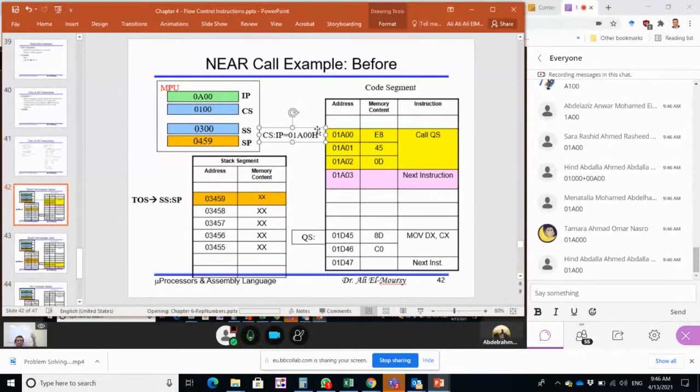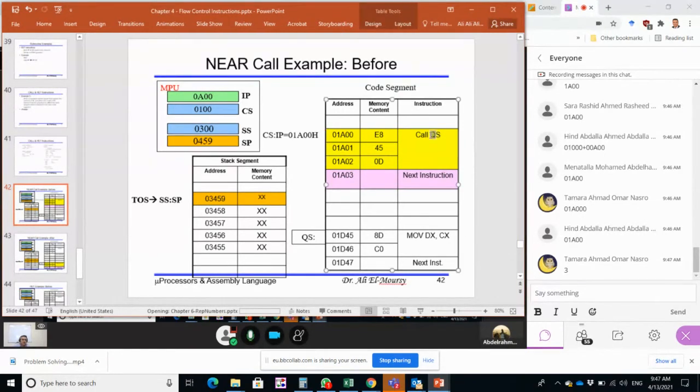The microprocessor will fetch, decode, execute. It will go fetch the instruction. How many bytes is the call instruction here, as it is shown in the example? It is 3 bytes, as I highlighted with the yellow color.